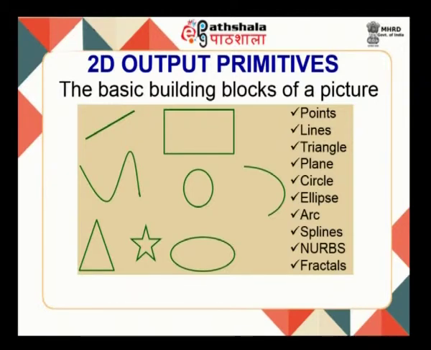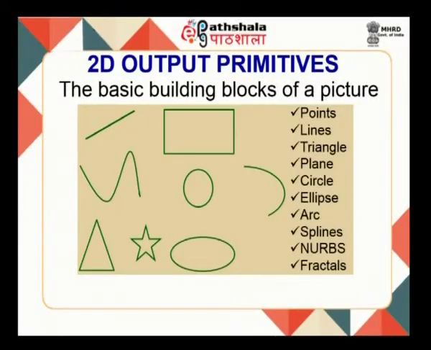In future sessions we will be talking about 3D graphics as well, and there also we will be discussing some of the 3D primitives. So, basically a primitive is a component of a picture. A picture can be considered to be made up of a combination of many graphic primitives. Some of the primitives are listed here, as you can see.